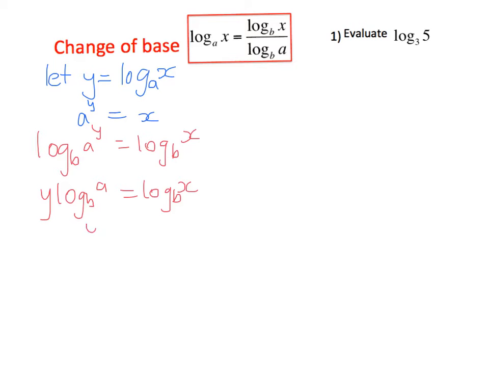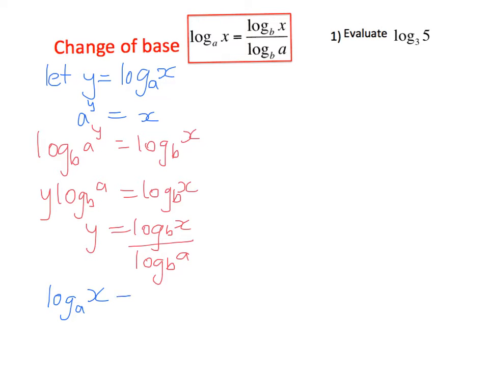If we divide both sides by log of a base b, so on the right hand side we've got log of x base b, and we're dividing both sides of this equation by log of a base b, so we were dividing both sides by this term here. Now remember y equals log of x base a.